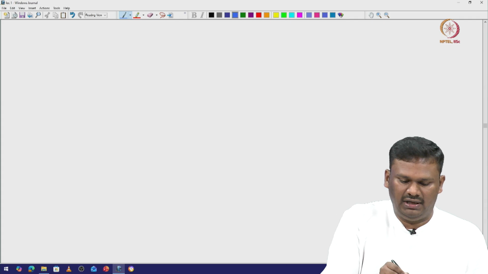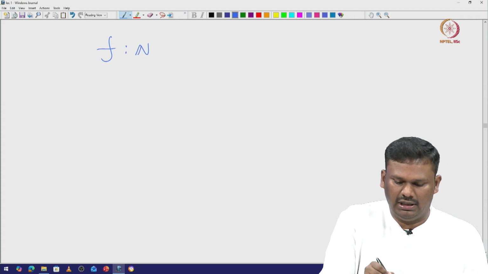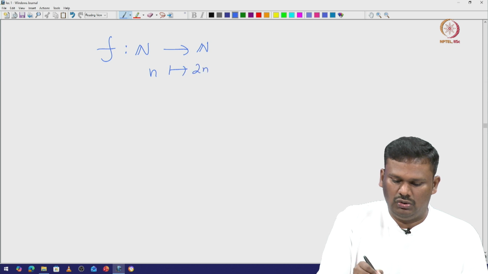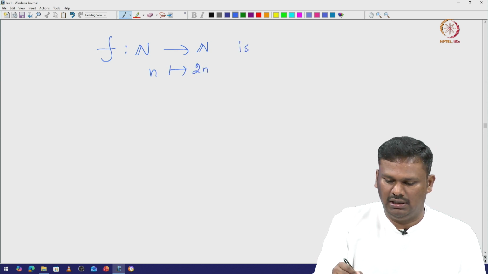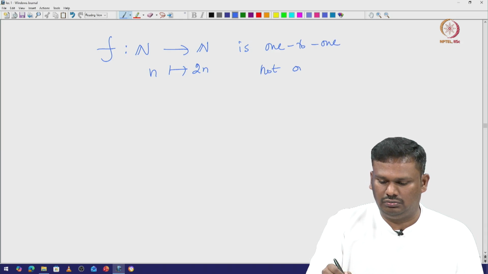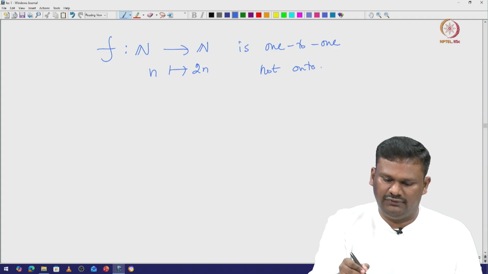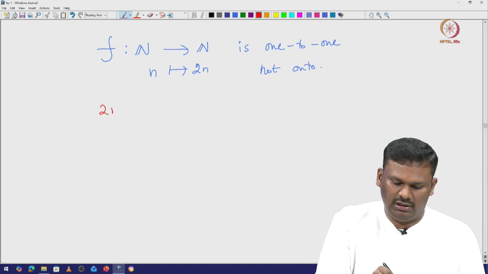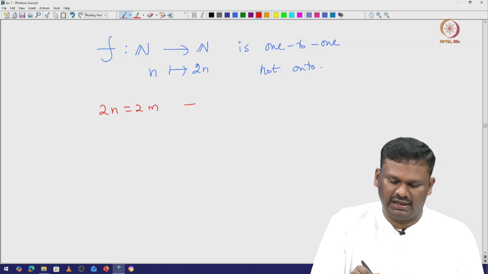So, the map that we defined, f from N to N, which takes n to 2n, you can easily see that this is indeed a 1 to 1 map, but not onto, because if 2n equals 2m, then I can cancel out 2, and that will give you n equal to m.